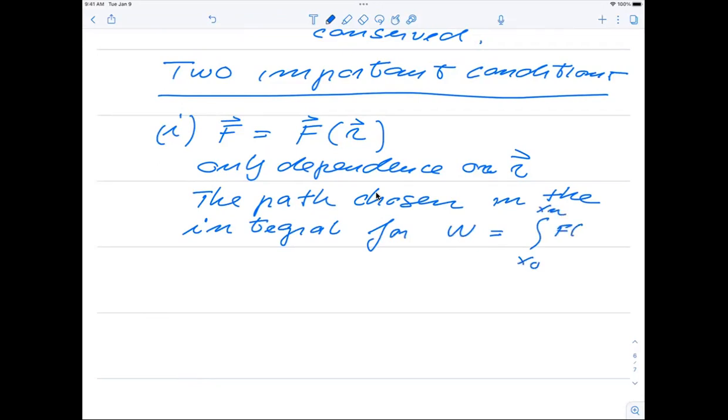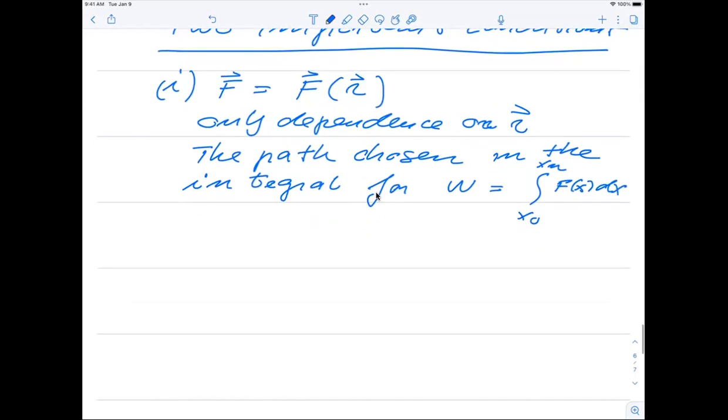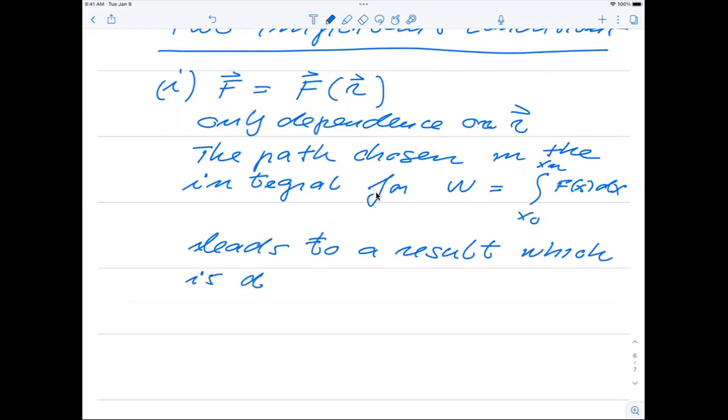This leads to a result which is independent of the path which we've taken. And we're going to show that next week.